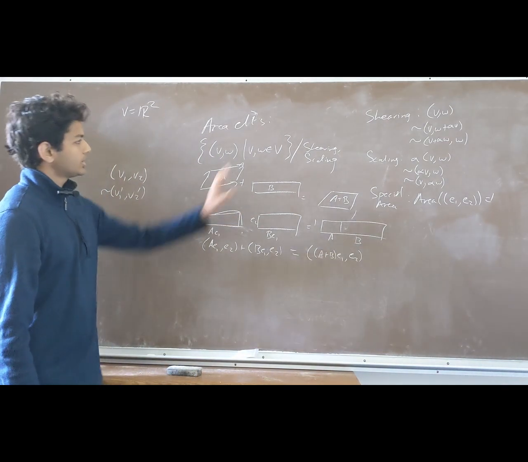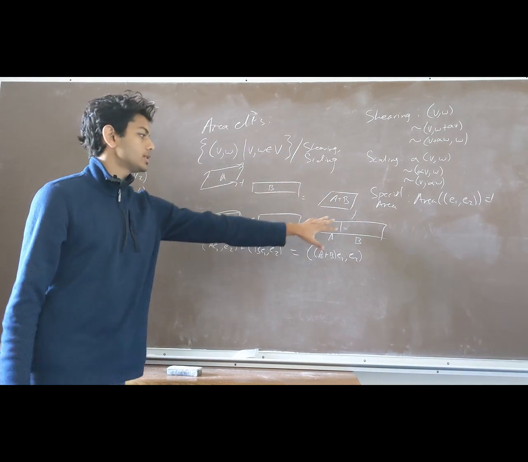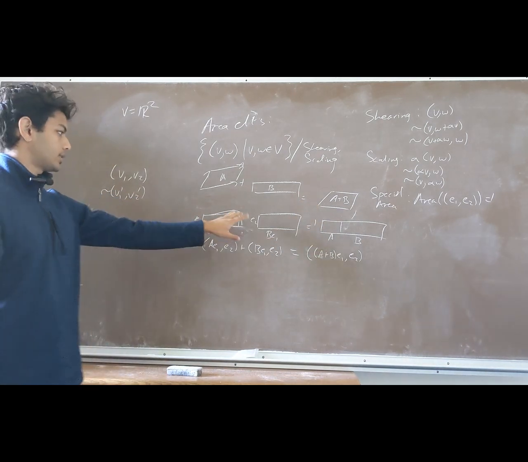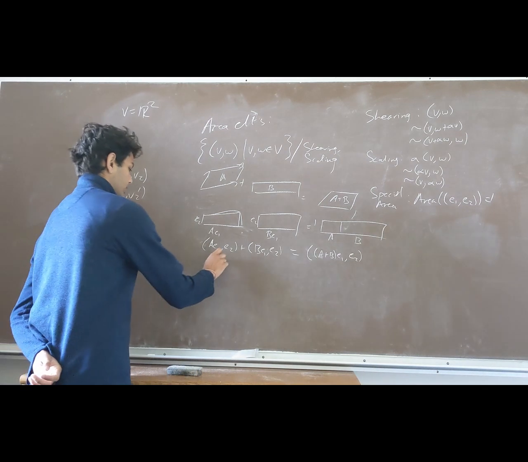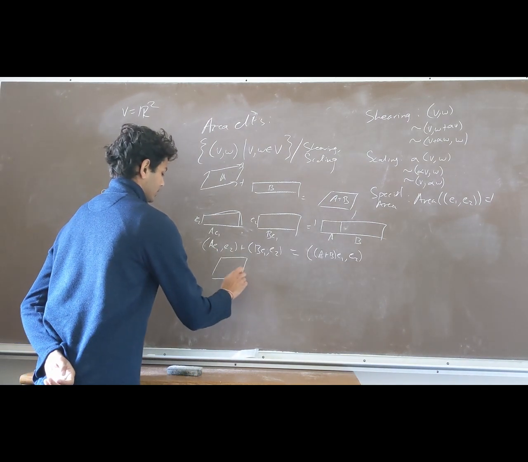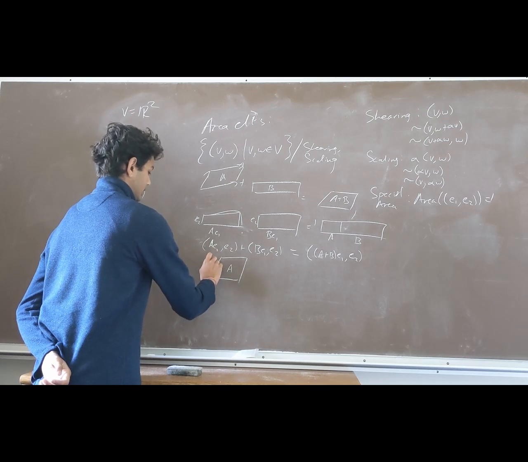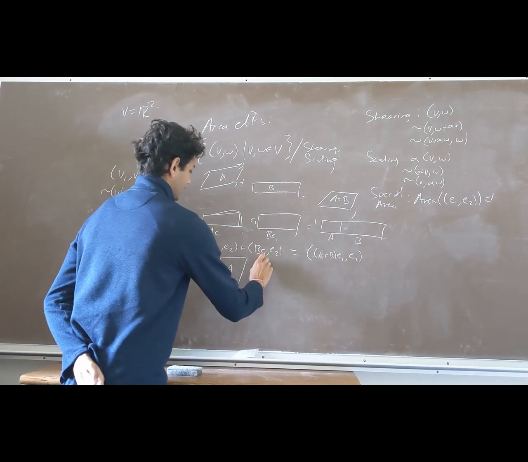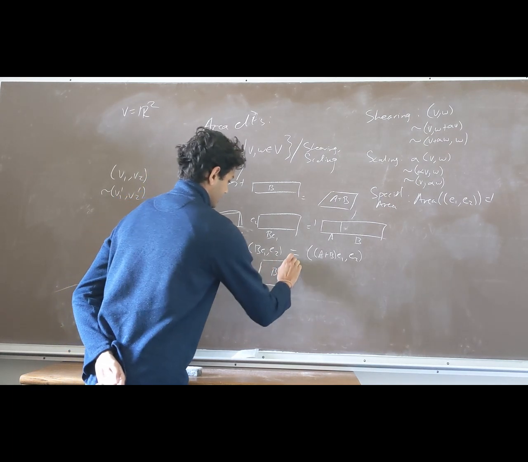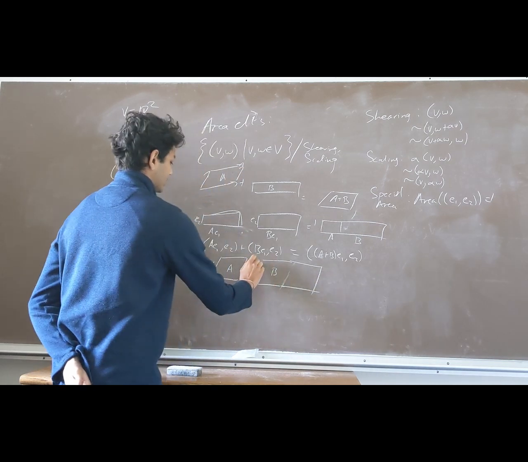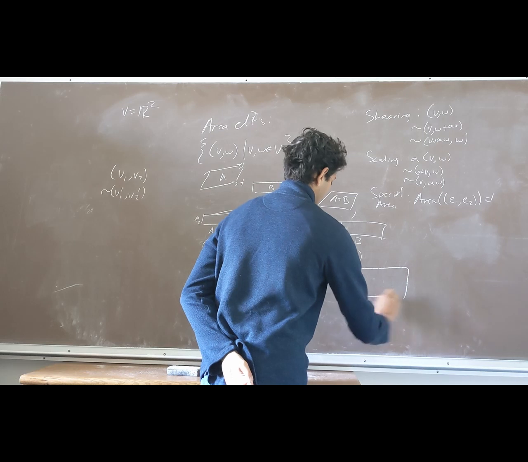Okay, so the nice thing is that since we're working up to equivalence, we can choose special representatives, and then stick them next to each other if they share one of their side lengths. Now you could ask, what if we chose a different representative, like something that looks like this, which has an area of A, and this is some special vector, let's say V, and we chose another one which has an area of B, but the second vector is still V. Well, you can still add these together, and we'll get a bigger rectangle.